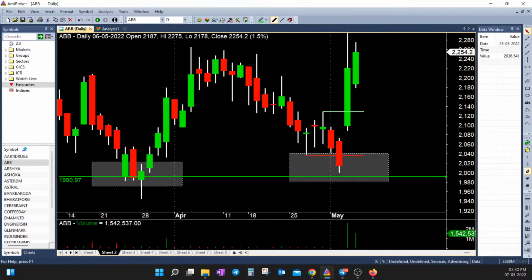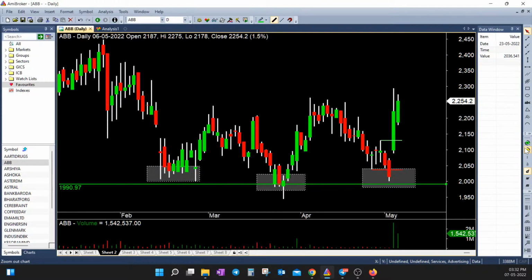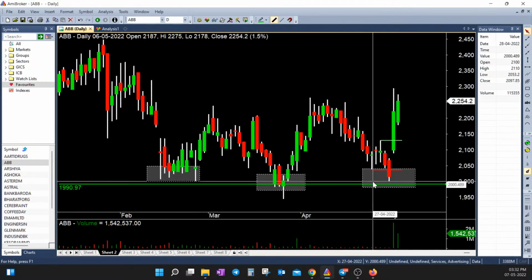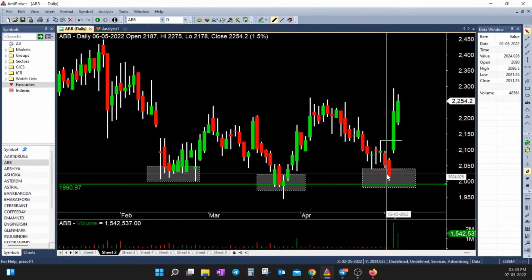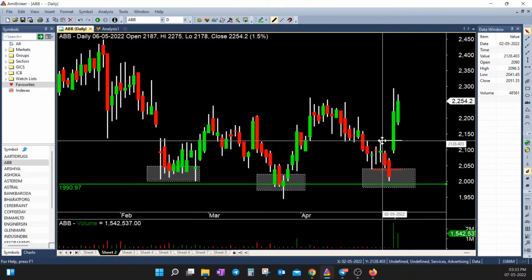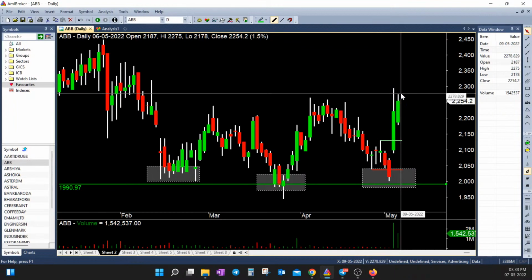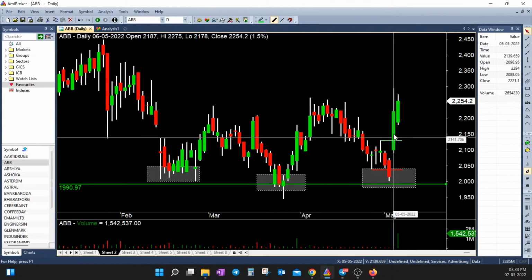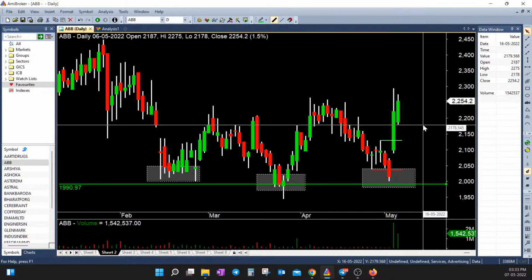But if one has observed this, the double doji sell has been given at the support level, we need to avoid it. Okay, so that is what happened here. After the double doji sell has been activated, the stop loss has been hit, okay, and it has reversed. Well, after reversing, can we take an entry or not, that is a different part.